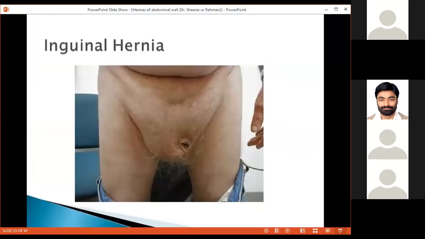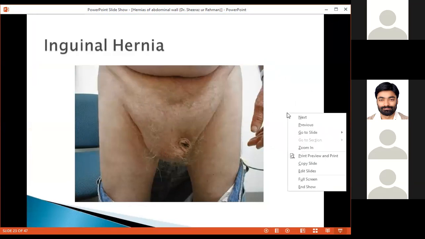Now, if you look at this example, there is gross disparity between the right and left side of the patient. On the right side, the patient has an enlarged swelling, which is extending from the groin and reaching up to the level of the scrotum. However, on the left side, one cannot appreciate that much. So this patient has a right-sided complete inguinoscrotal hernia.